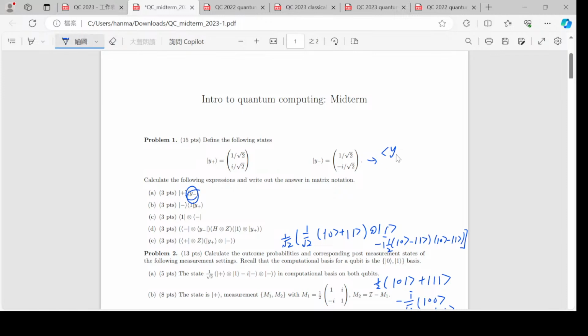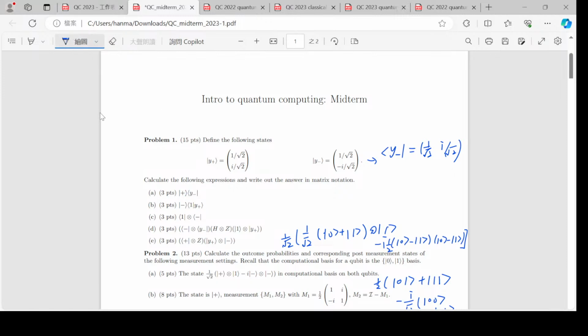Some people still forget it. So it should be 1 over square root 2. You turn a column vector to a row vector, but here this minus i should become plus i, and 1 over square root 2. Okay, so that's something people can get wrong.